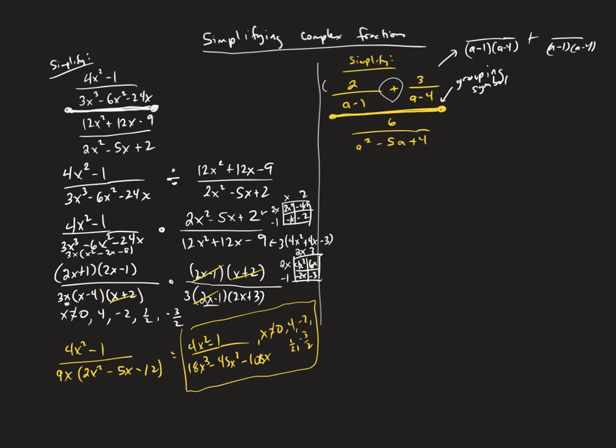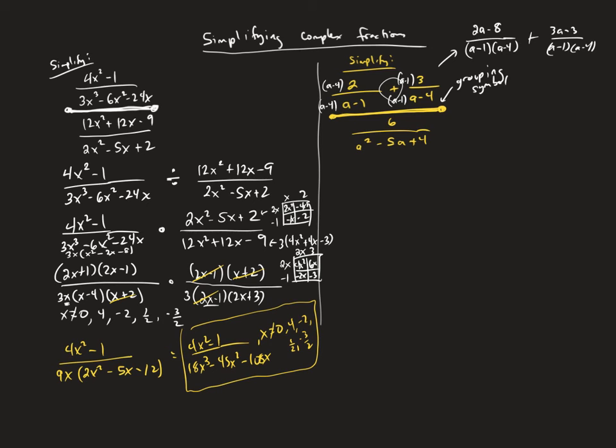I would have to multiply this first fraction by a minus 4, so I have to do it to the top as well. And 2 times a minus 4 is 2a minus 8. The second fraction, I have to multiply by a minus 1, so I have to do it to the top. So that would be 3a minus 3.